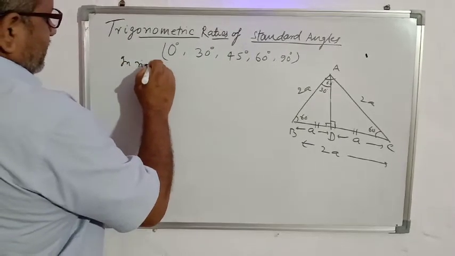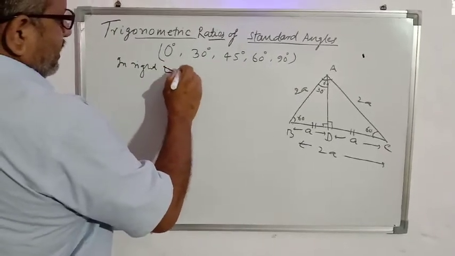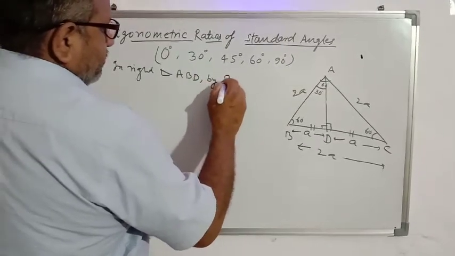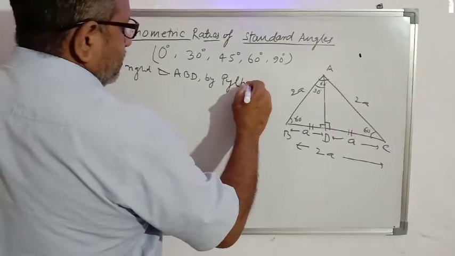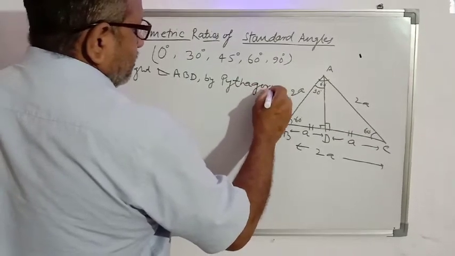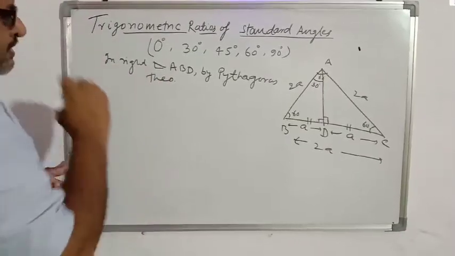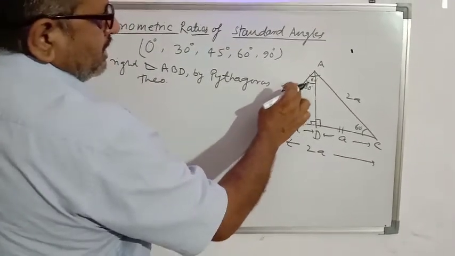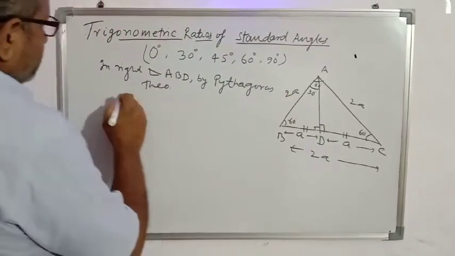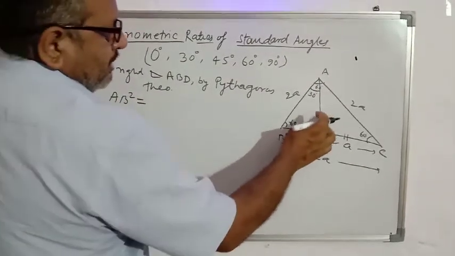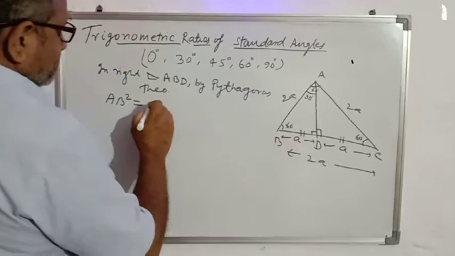In right triangle ABD, by Pythagoras theorem. What is Pythagoras theorem? Square of the hypotenuse, that is AB square, is equal to the sum of the squares of the other two sides.